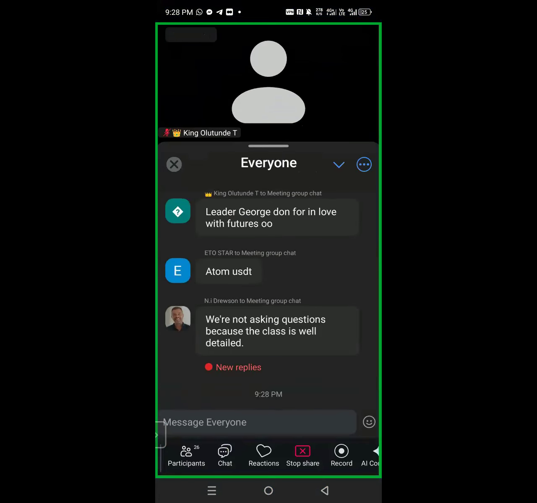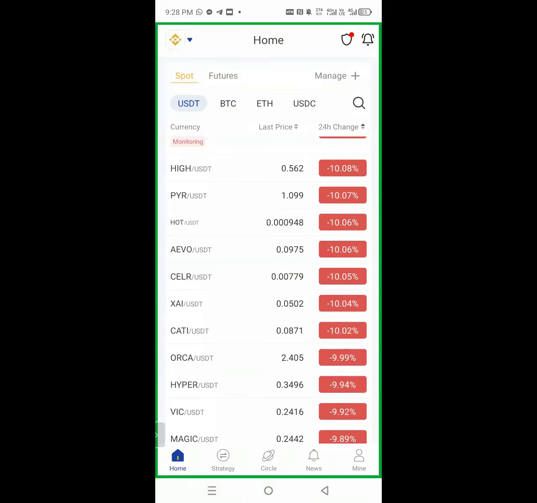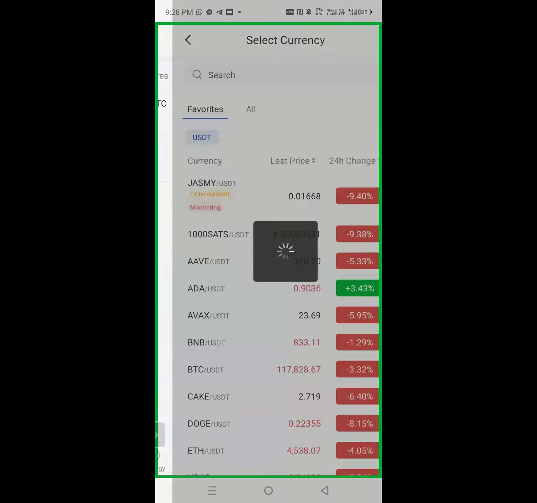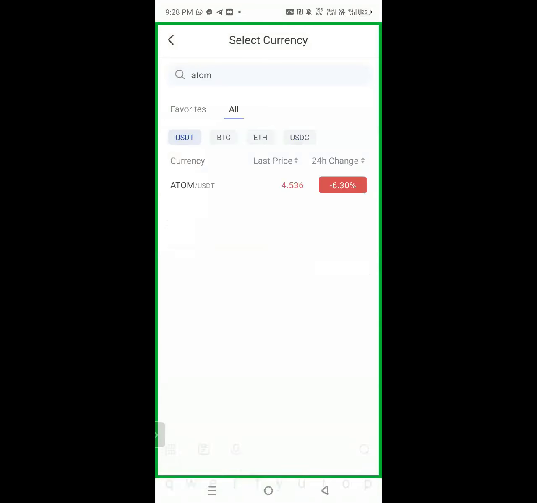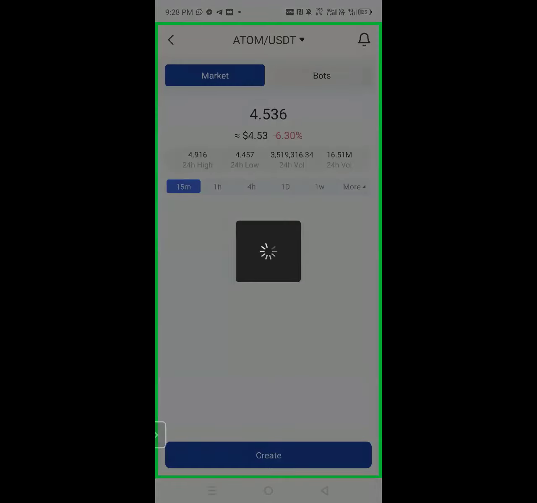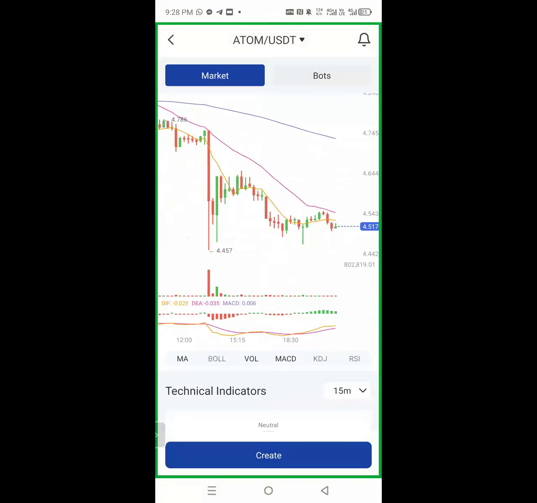ATOM USDT. Okay, it's spot. So let's see. ATOM, it has crossed now.